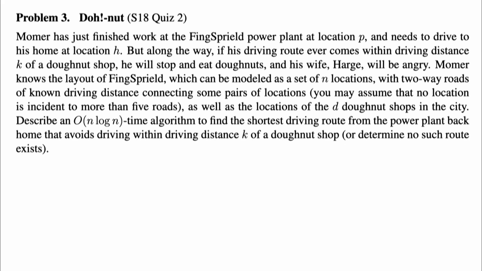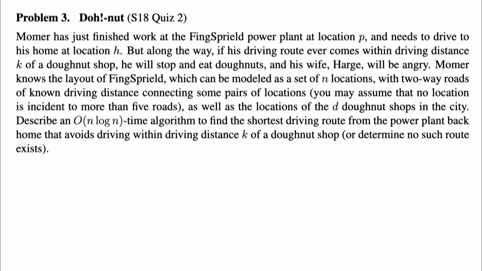They say he knows the known driving distance connecting some pairs of locations. So usually I think if I were writing this problem now, I would probably be a little bit more explicit. The distance is positive, but that's something that you might come into contact with, right? Distances are positive, right? And so we can't have negative distances here, okay?